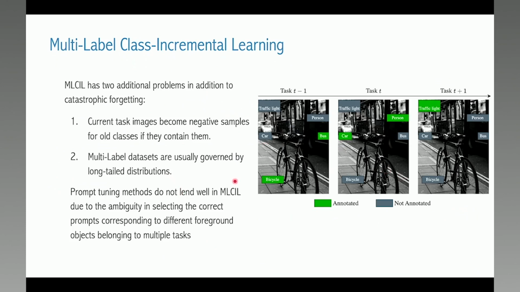So the methods that existed previously to our work were actually not prompt tuning methods, but methods based on rehearsal. However, in this work, we demonstrated that actually prompt tuning can be used with success for multi-label class incremental learning.